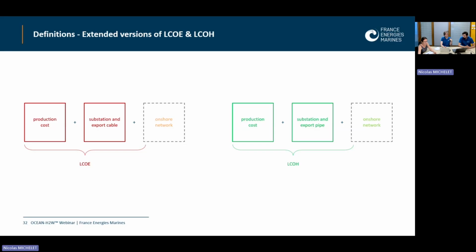It will be done according to the size of the electricity substation and the hydrogen substation. So if they are properly sized, it works well. If they are oversized, maybe it will be bad for the energy vector with a substation that is oversized.